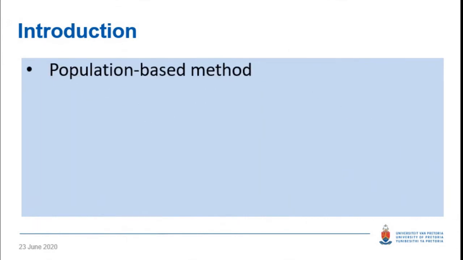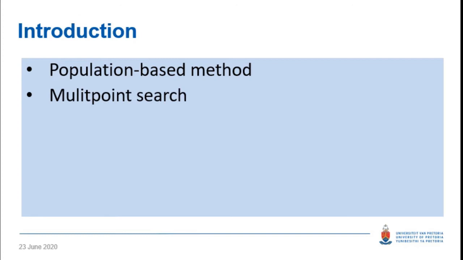So like evolutionary algorithms, ACO is also a population-based method. So remember, with population-based methods, we have more than one element of the population, and each element represents a different point in the search space. So here, your ant colony is your population, and each ant finds a different solution.